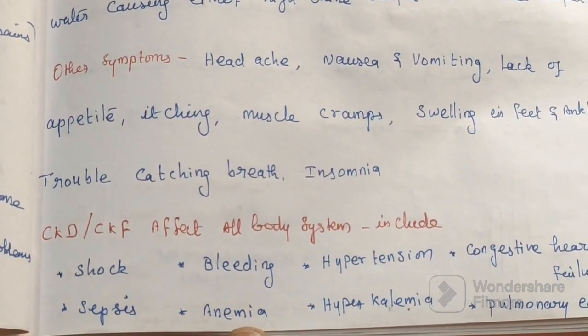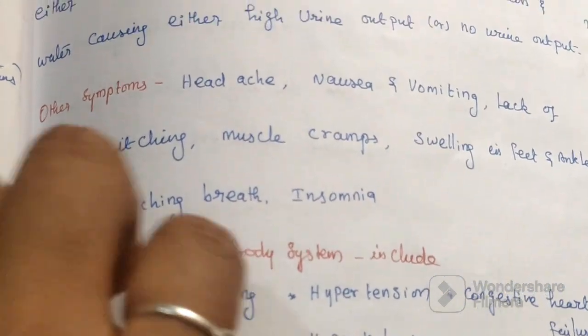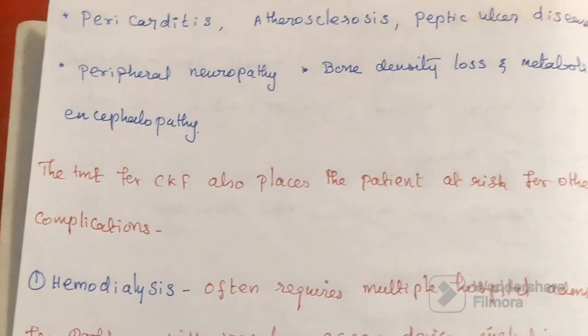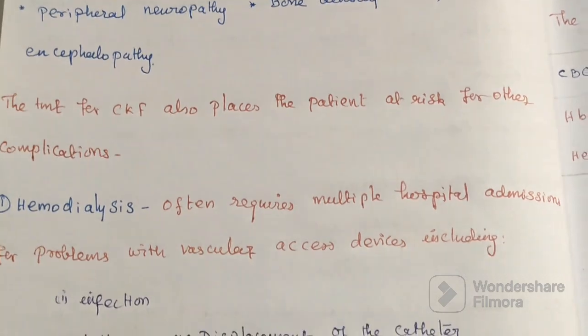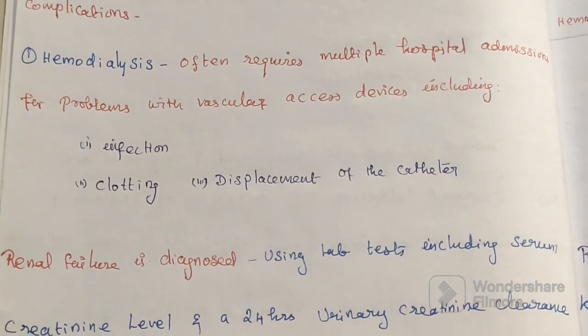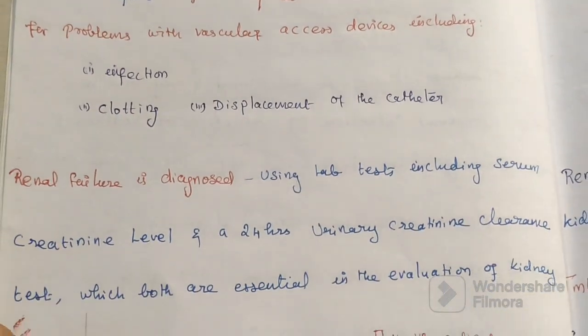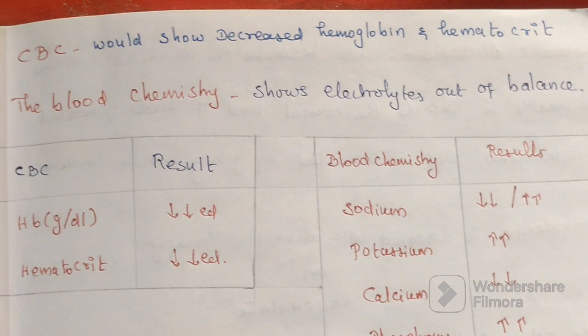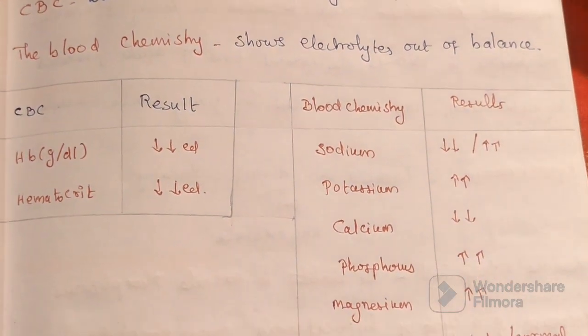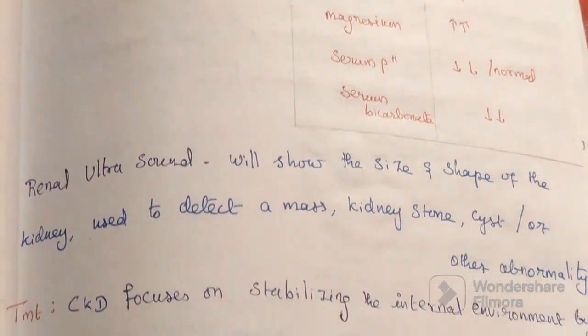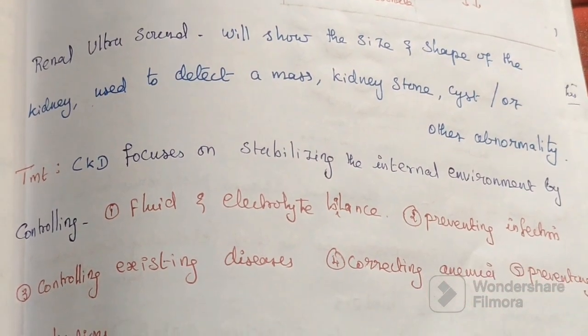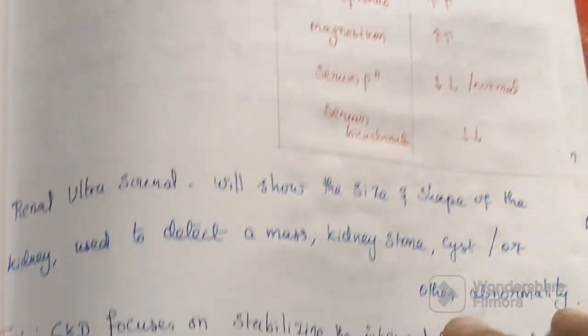Chronic kidney disease affects all body systems. Then treatment is hemodialysis and organ transplantation. Diagnostic tests include total blood count, blood chemistry, and renal ultrasound.